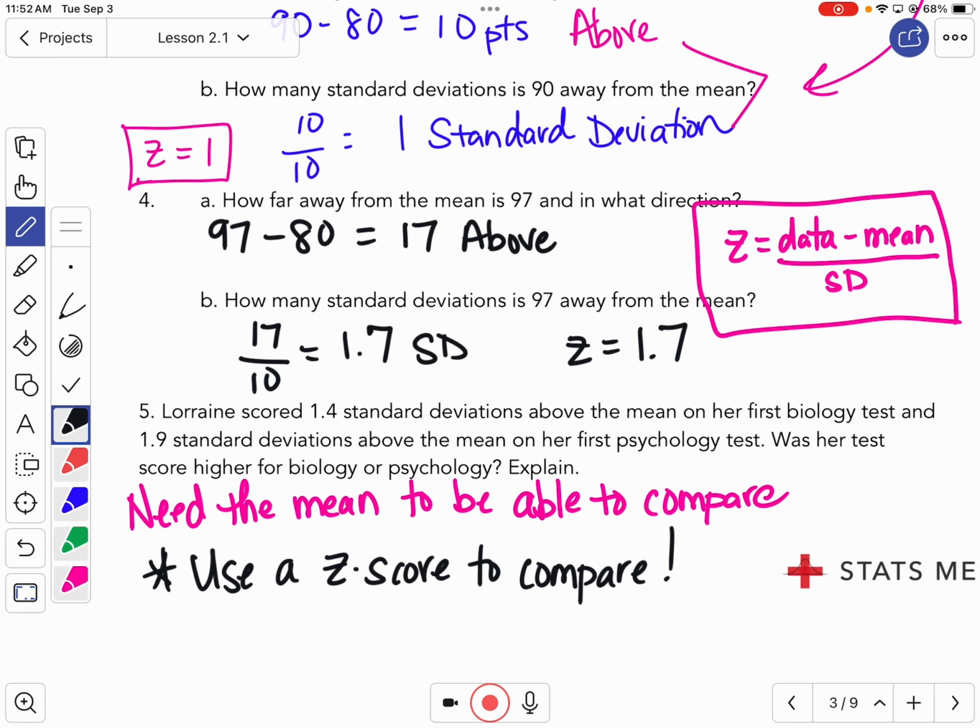Which means we're going to need a data point, the mean, and how long the standard deviation is. So subtract and divide. That's what we're going to do today. Fair enough. That's my kind of math, especially when I can use my calculator.